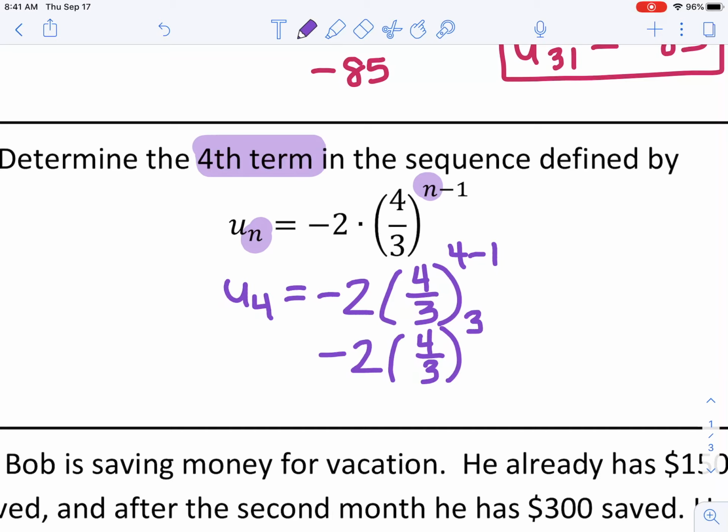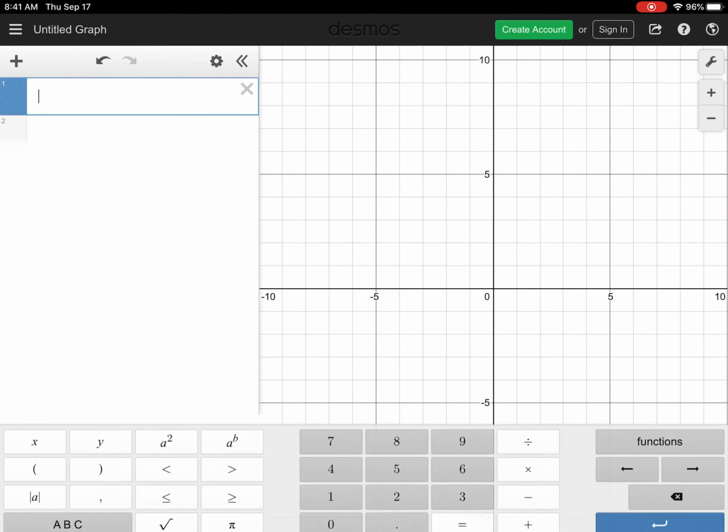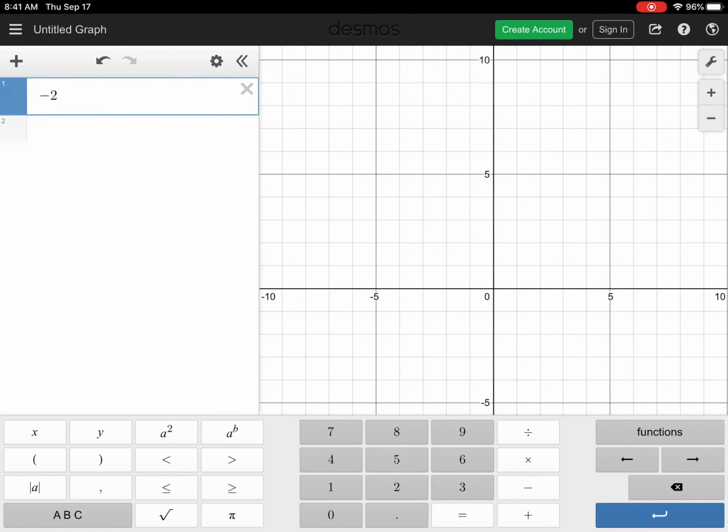At this point, we can use our graphing calculator tool to help us with 4/3 cubed. So I'm going to go to the Desmos graphing calculator and type in negative 2 parentheses 4 divided by 3. If you divide, you'll get a fraction. And then I'm going to put in the exponent. The exponent we need is a 3 because 4 minus 1 was 3.